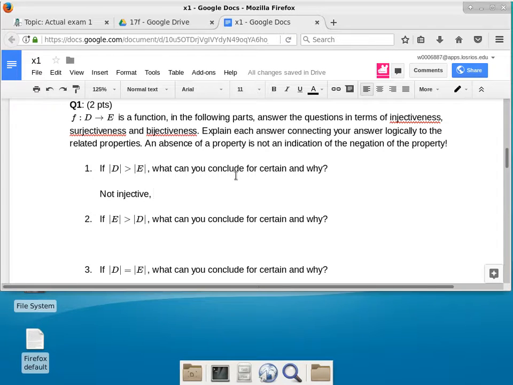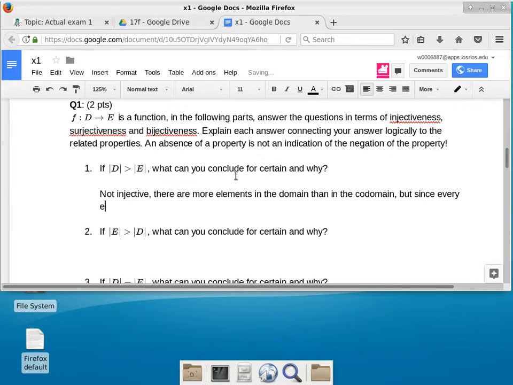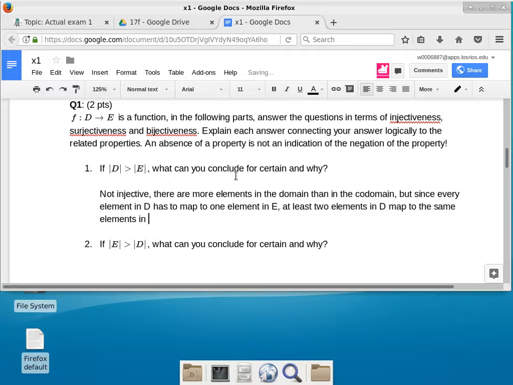So in this case, we can just say that there are more elements in the domain than in the codomain. But since every element in D has to map to one element in E, at least two elements in D map to the same element in E, therefore F is not injective.